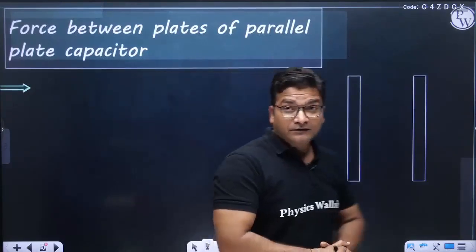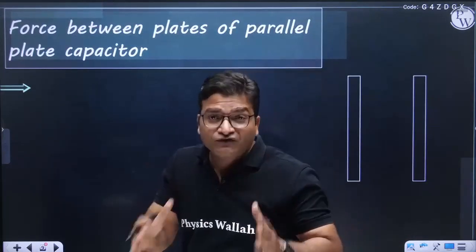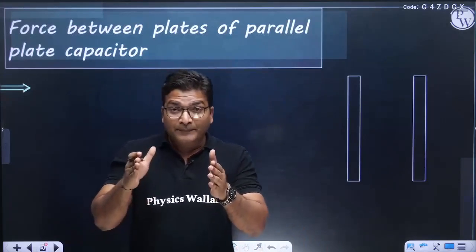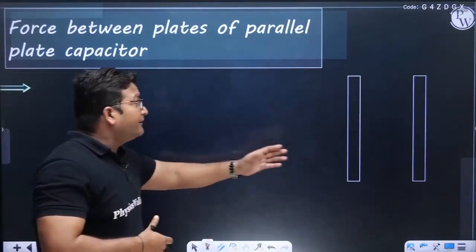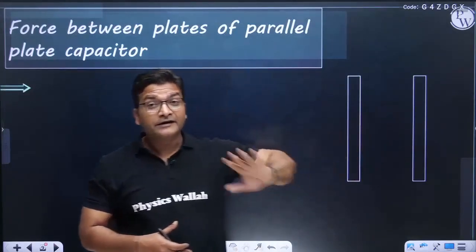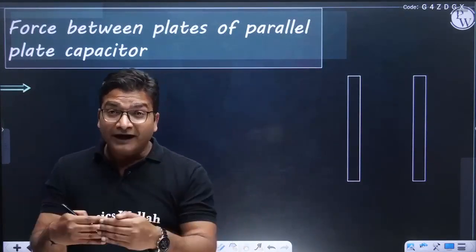Now we'll learn the force between the plates of a parallel plate capacitor. As you know, if one plate is positively charged and the other negatively, they will definitely attract each other.